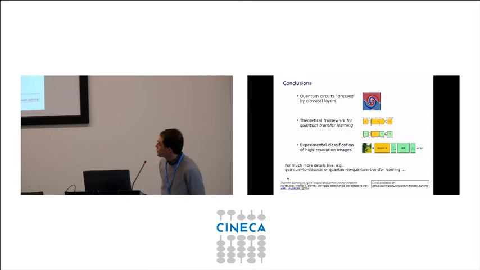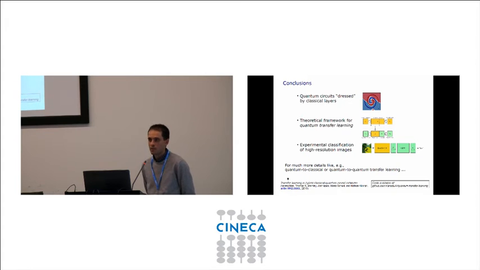So in conclusion, I presented this idea of dressing a quantum circuit with classical layers, and a theoretical paradigm of using transfer learning with quantum variational circuits. I've shown you that you can use this trick to classify a large amount of data, for example high-resolution images, with current quantum computers.